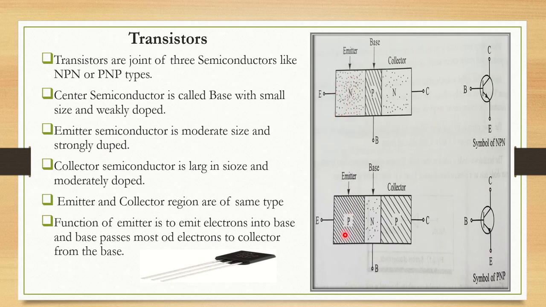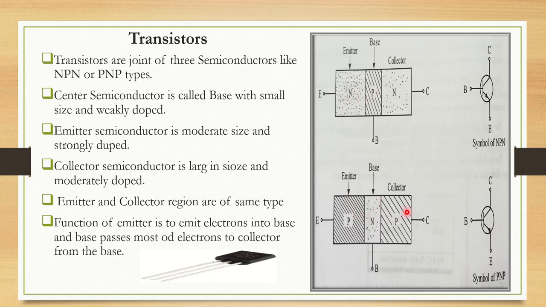The other side is called the collector. The collector semiconductor is large in size and moderately doped. Emitter and collector regions are the same type of material. The function of the emitter is to emit electrons into the base, and the base passes most of the electrons to the collector. So the emitter passes electrons to this side.